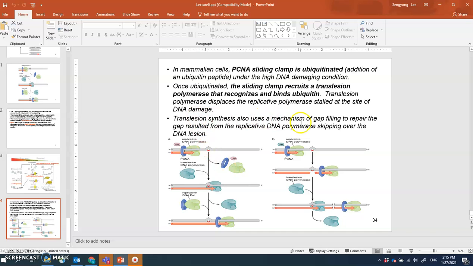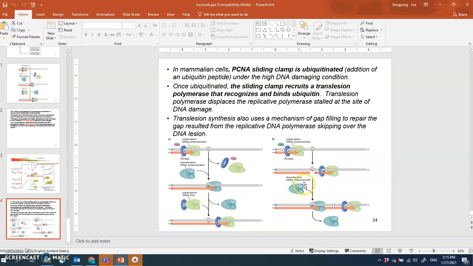Translesion synthesis also uses the mechanism of gap filling, to repair the gap resulting from the replicative DNA polymerase skipping over the DNA lesion. What's happening is that the normal replicative DNA polymerase doesn't know what to do, so it may just jump over.